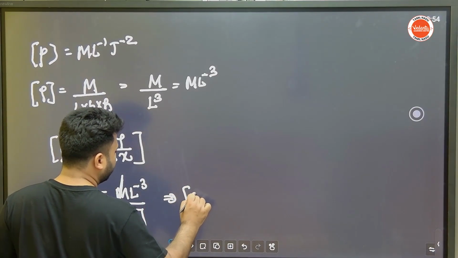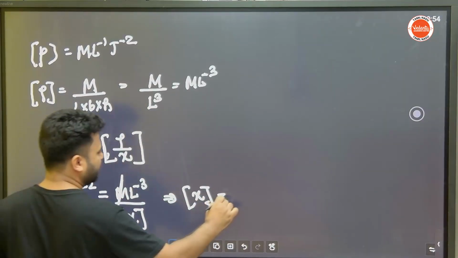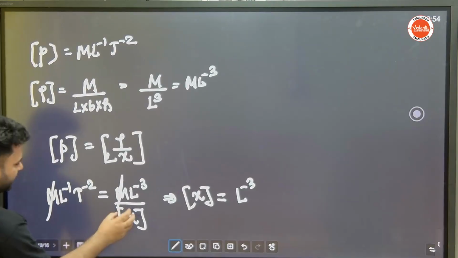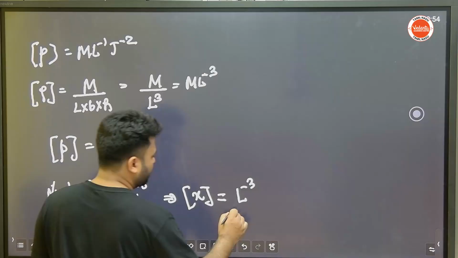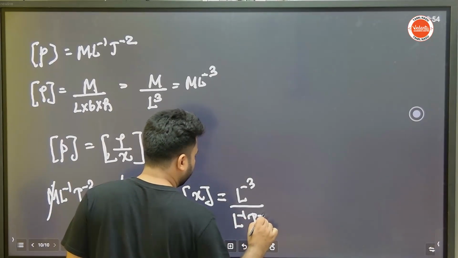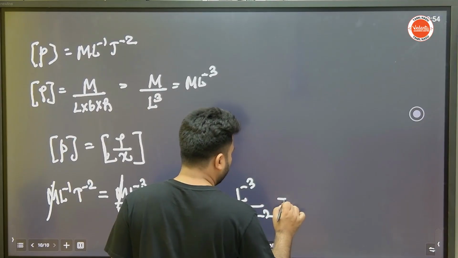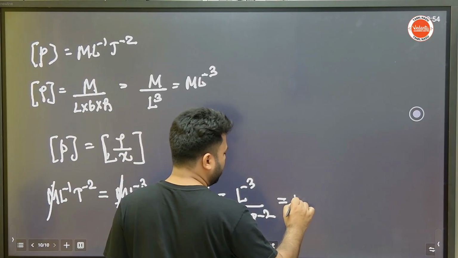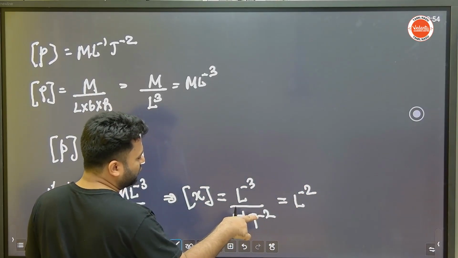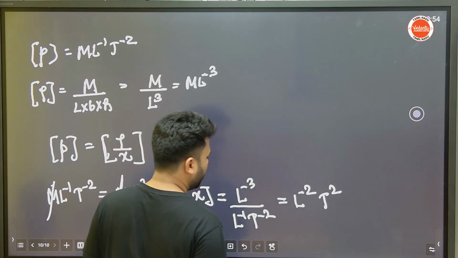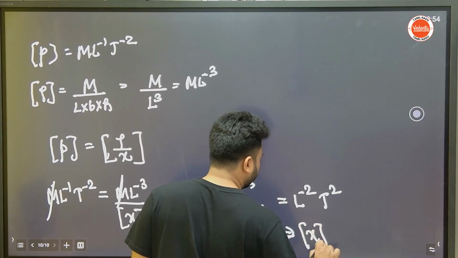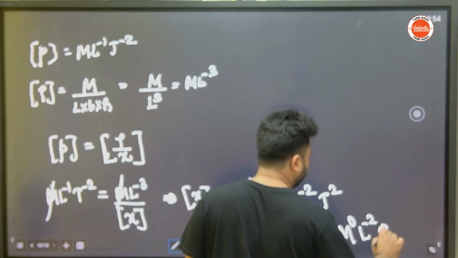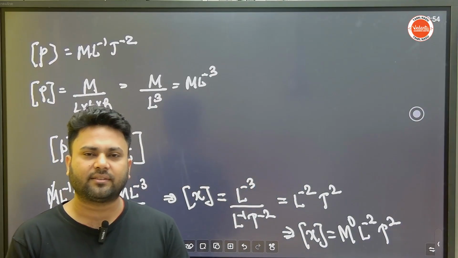So the dimension of X will be equal to L minus 3, and this term will come down. I am shifting this side, and this I am shifting this side. So L minus 1, T minus 2. So the dimension of X will become, minus 1 will go up so plus 1, minus 3 plus 1 means minus 2. And T to the minus 2 will go up, so it will become T square. Finally we can write the dimension of X as M to the power 0, there is no mass term, L to the power minus 2, T square. This is the dimension of X.